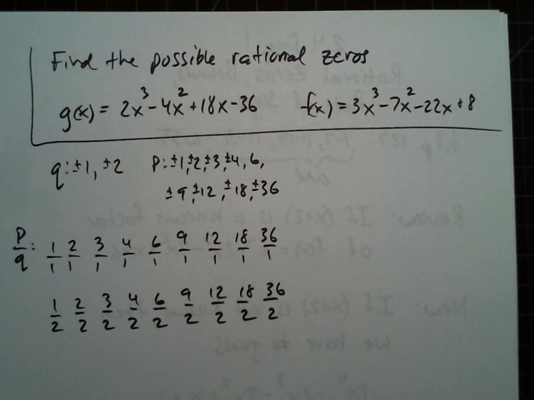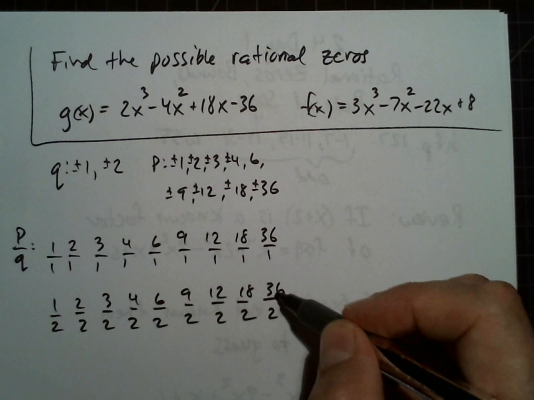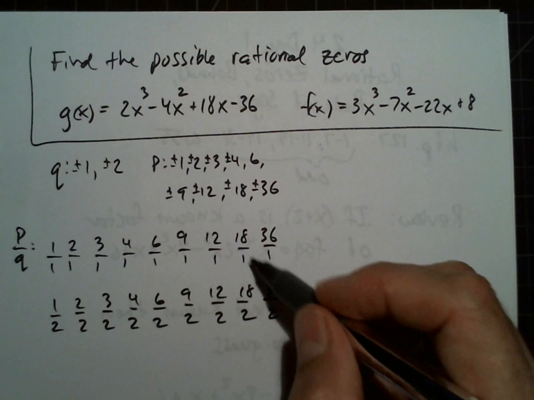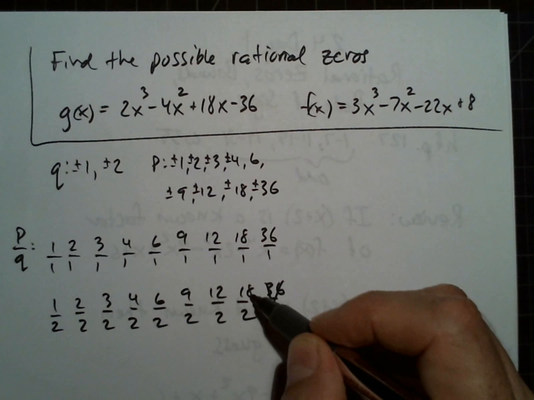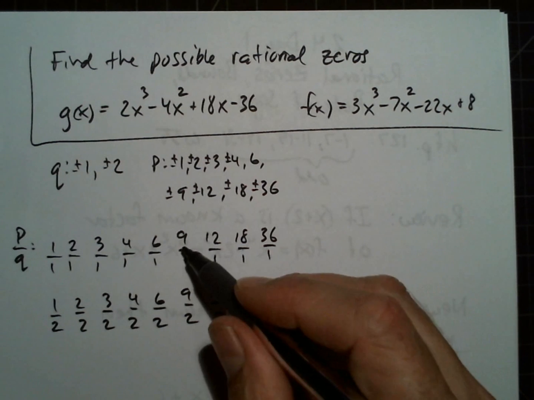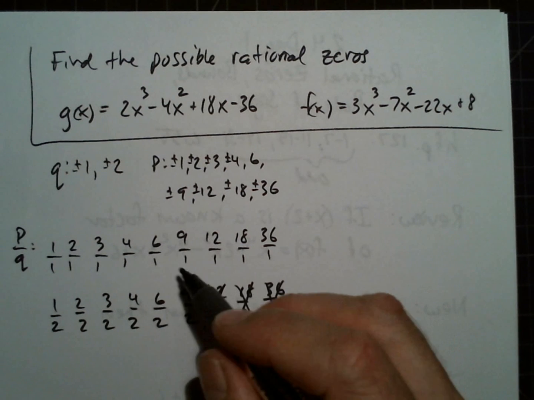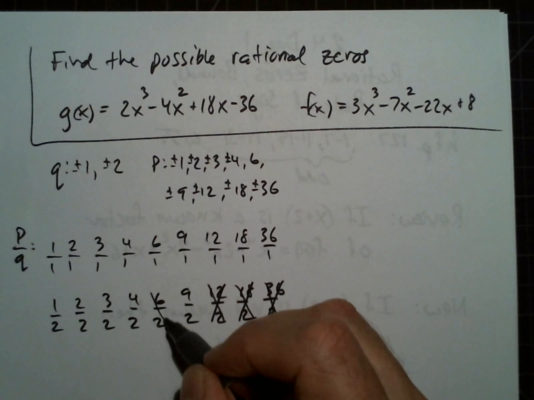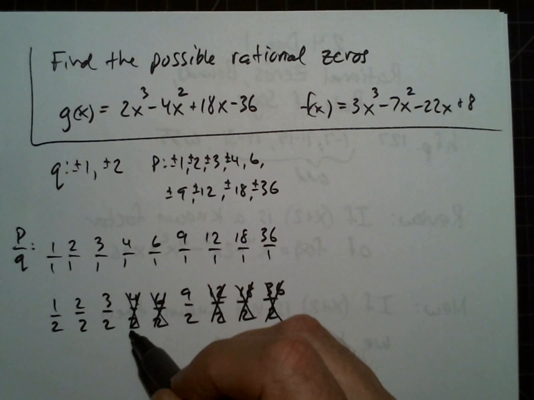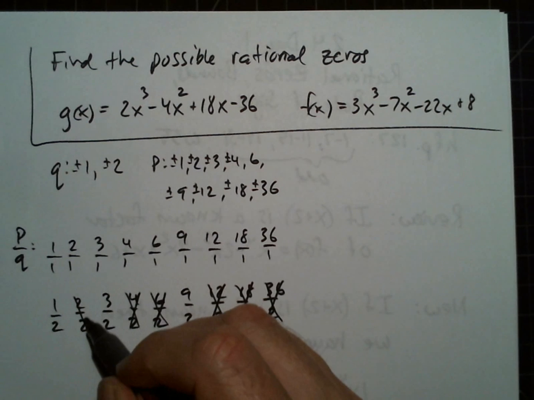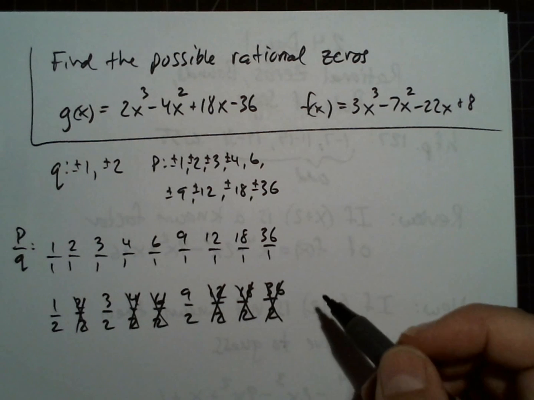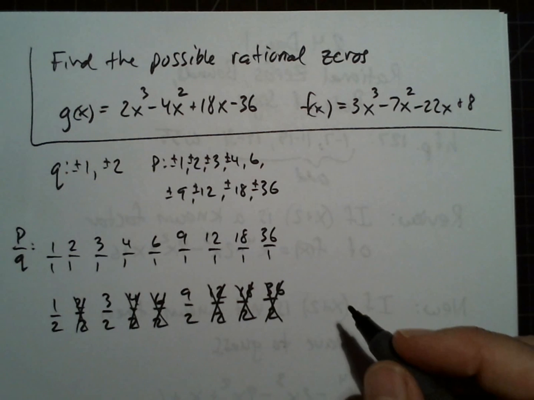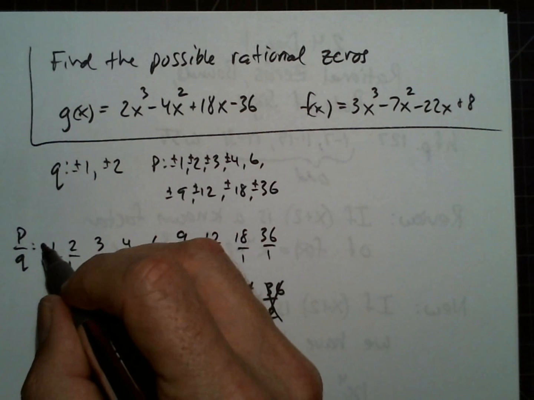And we get some repetition here. This is 18, and we already have 18. This is 9, we already have 9. This is 6, we already have 6. We'll keep that. That's 3, we already have 3, 2, 1.5, 1. And then it's going to be positive or negative for all of these.